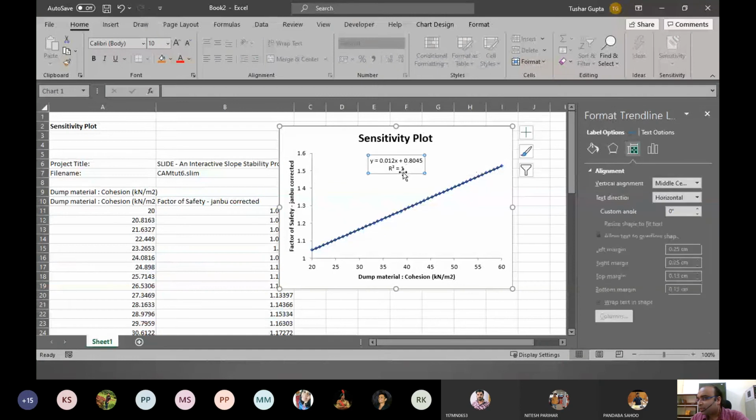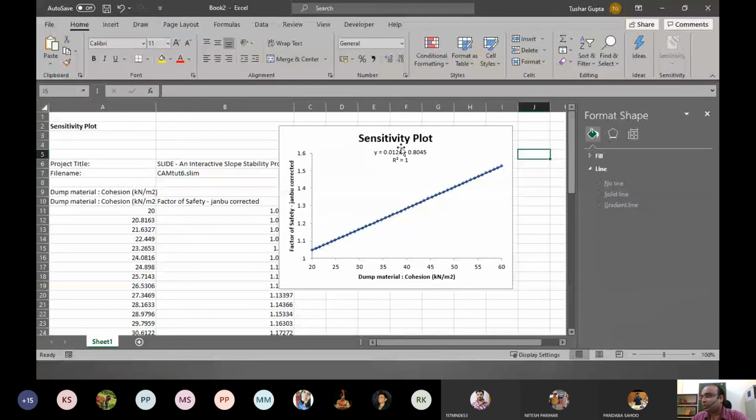So the equation basically is y equals 0.012x plus 0.8. So 0.012 right now will be representing y2 minus y1 over y naught, and x2 minus x1 over x naught. So this will give us the sensitivity index value.